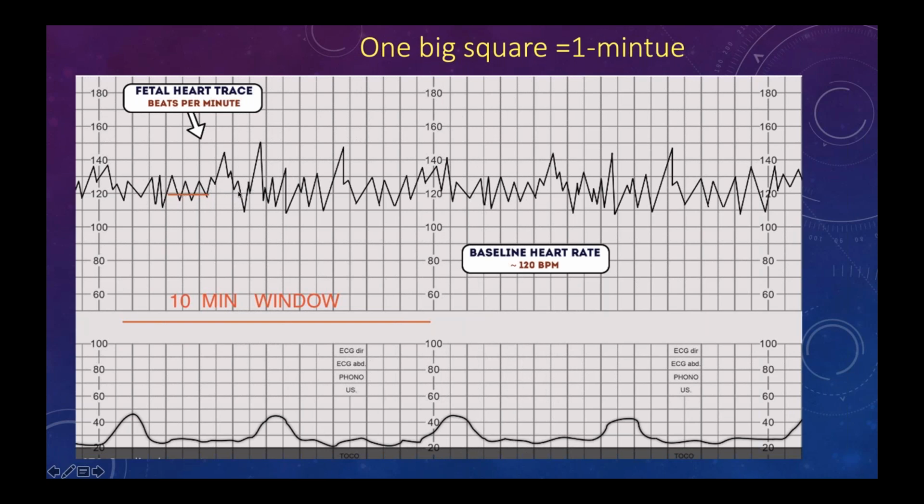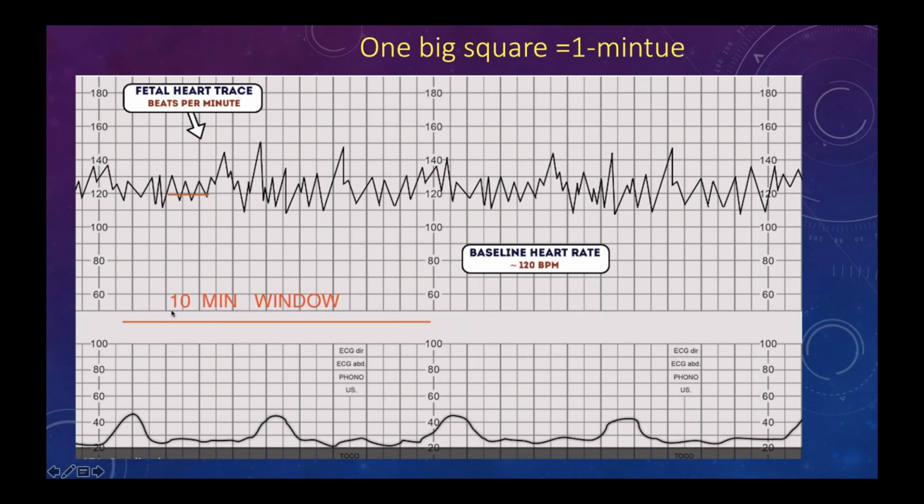Okay, so this is the basic principle, because your acceleration and deceleration will depend on the right calculation of the baseline. Fine. So from here to here is 10 minutes. Then just see down the area where no contraction is there. Corresponding to that area, that area will give you the baseline.